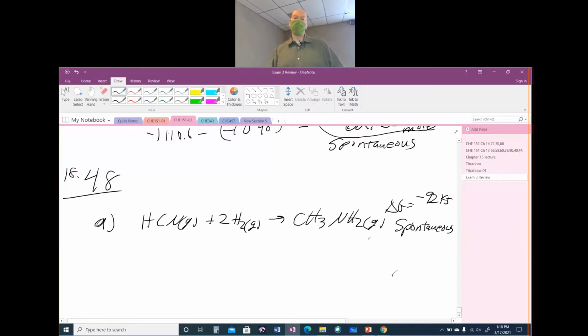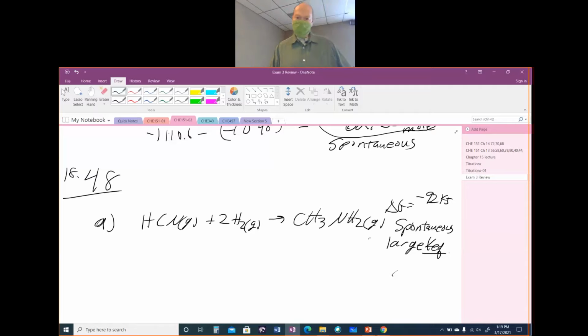All right, so the forward reaction is spontaneous. That means we have a lot of products and very few reactants. So that means a large K value. We could actually solve for KEQ at a given temperature and we would get a large K value.